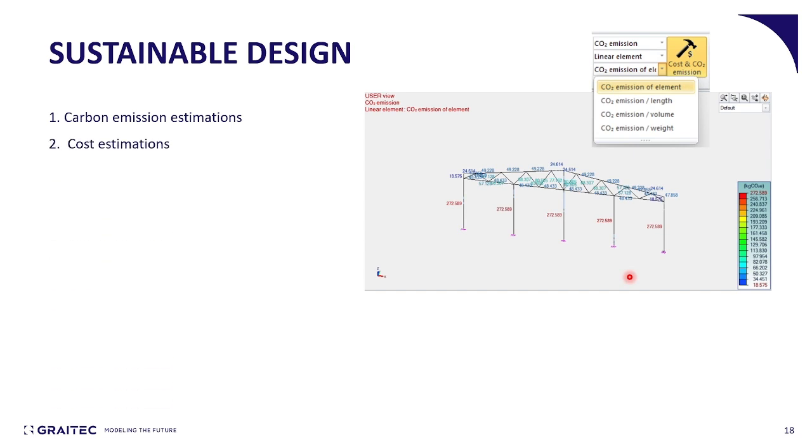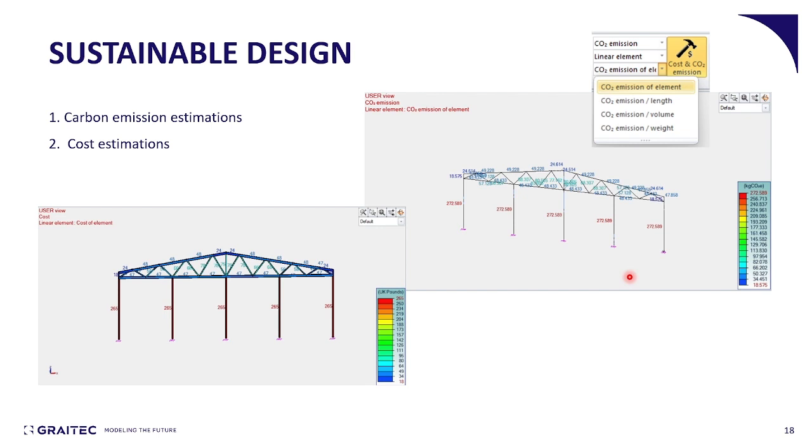The cost estimation, so for each project, the user can plot and see the cost for each element. And finally, to support the sustainable design, we have nonlinear calculations to calculate the deflections of different elements.